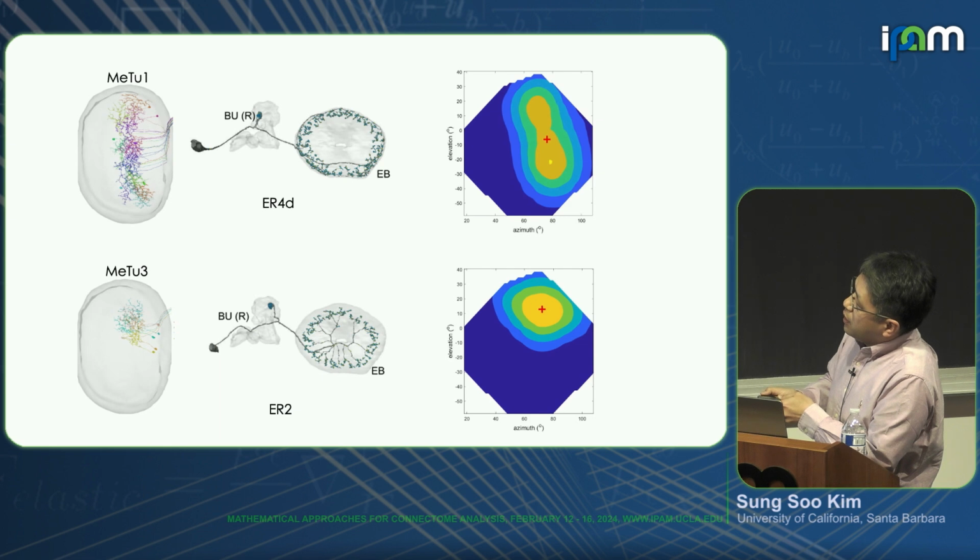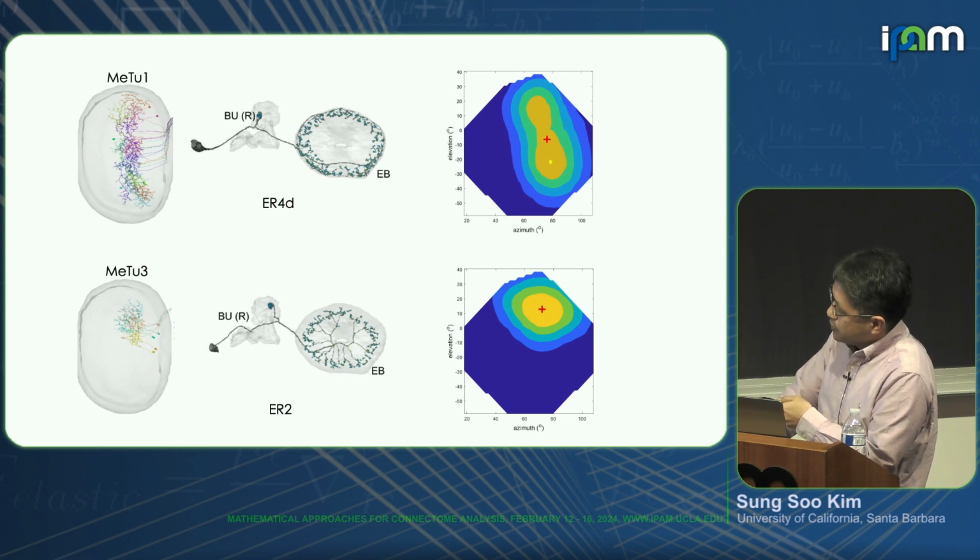For ER4D neurons, which are downstream of the MIT2-1 population, indeed they show a highly elongated, vertically elongated visual field that the neurons are responsive to, whereas the ER2 neurons that are downstream of MIT2-3 neurons have a smaller receptive field, a smaller visual field that they are responsive to.